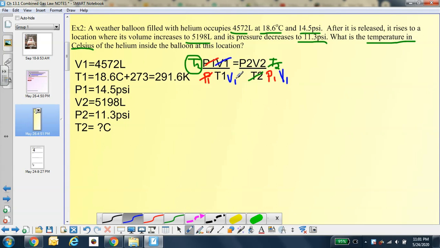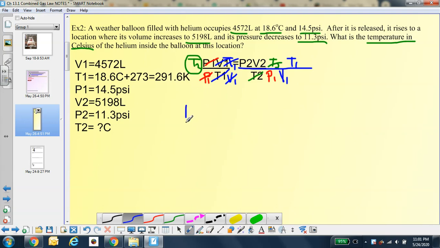Okay, so V1 will cancel here. And look at where T1 is. It's down here. I need to move it to the top. What I do to one side, I do to the other. I did that out of order, but you get the idea.